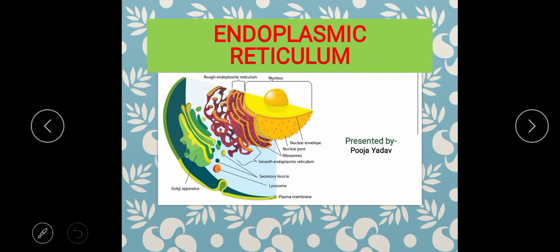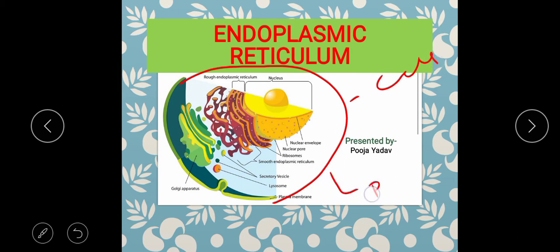Before going into detail with the endoplasmic reticulum, firstly we can see the structure of a cell. This is the cell. The outer membrane is called the plasma membrane that covers the cell.